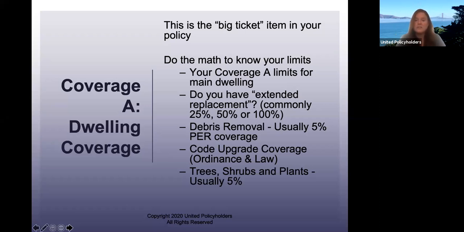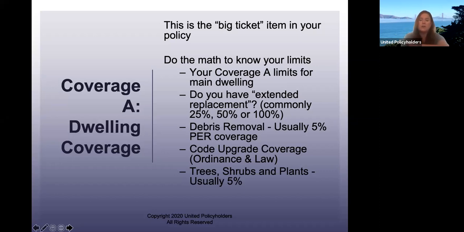This is intended specifically for situations like most of you are in, where there's a mass wildfire, which drives up the cost of labor and materials, and the cost to rebuild your house increases dramatically over what it would have been if it had just been a single house fire.